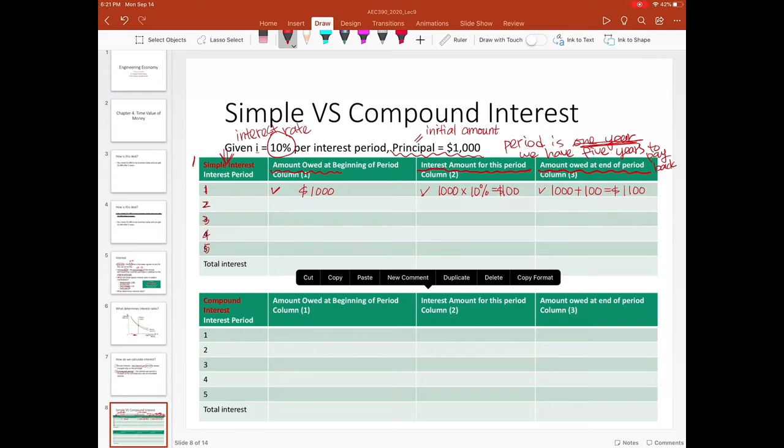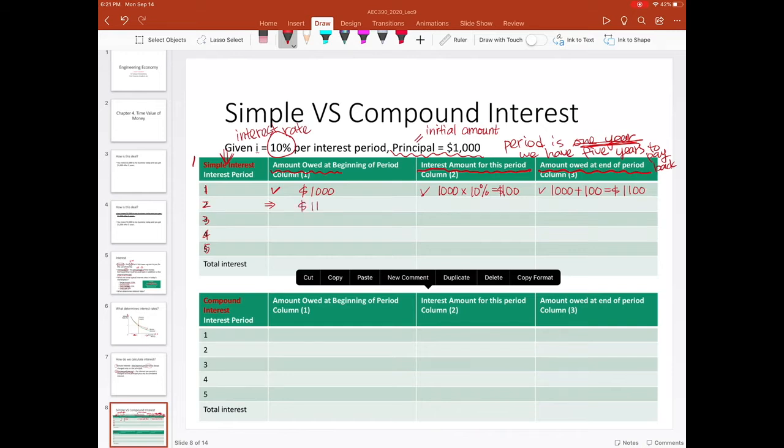Okay? And then after that, you enter the beginning of the second year. At the beginning of the second year, in this cell, how much you owe will be the 1,100, right?